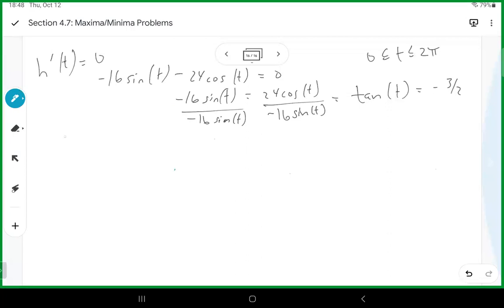Show you. So one of the solutions is going to be t equal to pi minus your arctangent 3/2. And your second one is going to be arctangent 3/2.